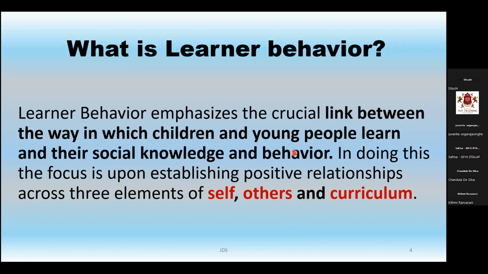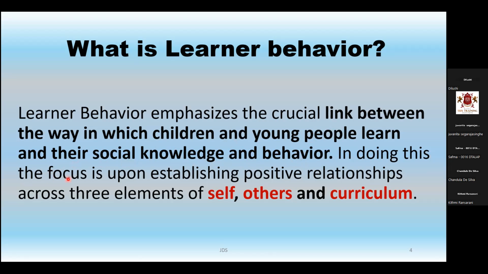Learning can be new, it can be something to do with the language or some other discipline. So always learner behavior is the relation between the way in which children learn their social knowledge and the behavioral pattern. Right? So academic, social, any kind of knowledge, how it is learned in the class. That is what is identified as the learner behavior, the way the learner learns.